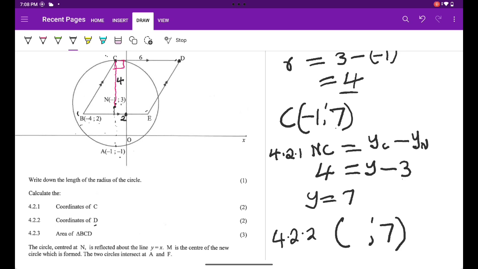Now remember, they have told us that the distance CD is 6.